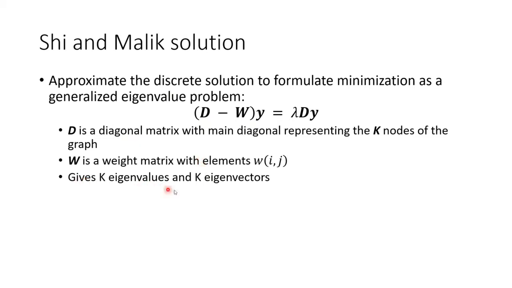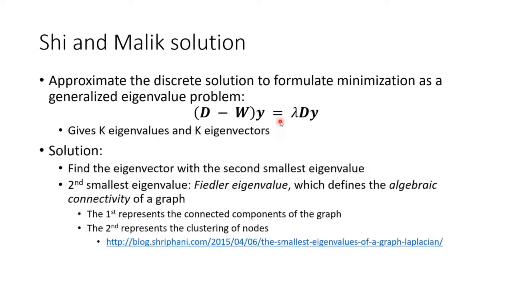This always gives k eigenvalues and k eigenvectors, right? Any matrix has a number of eigenvalues and eigenvectors. So lambda will be the eigenvalue, and the minimization problem would then be solving this equation.